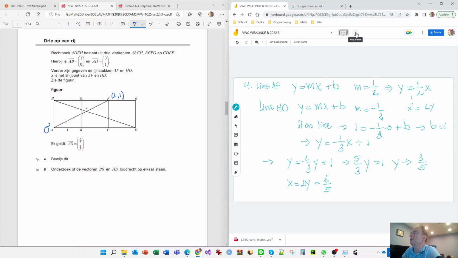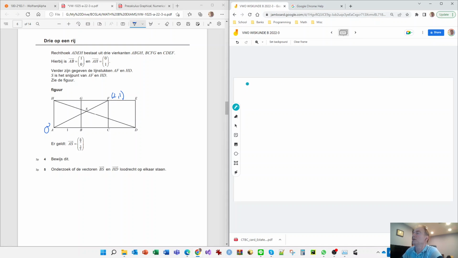So let me also do it the other way, just as illustration. I write line AF as basically the origin, since it's on the line, plus some lambda times, well, that's (2, 1). So that's our AF.